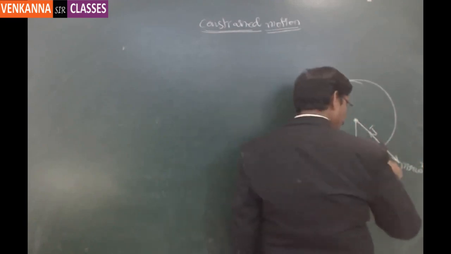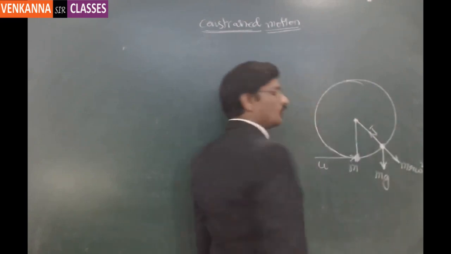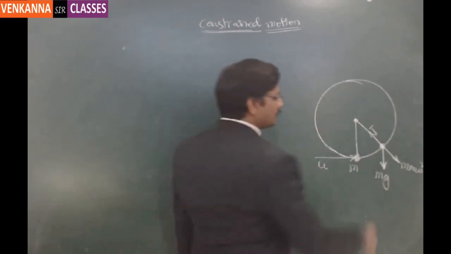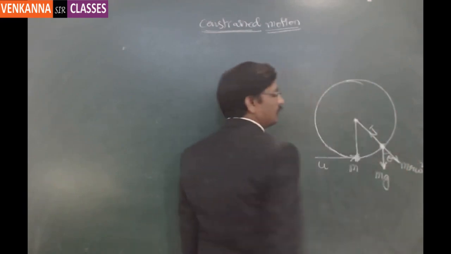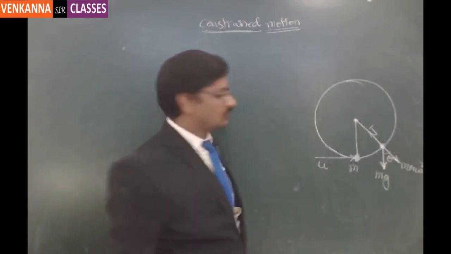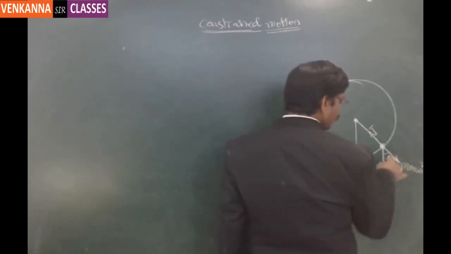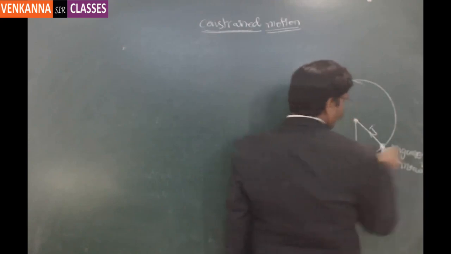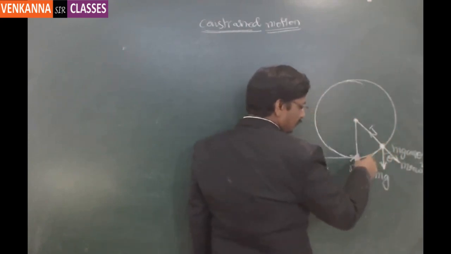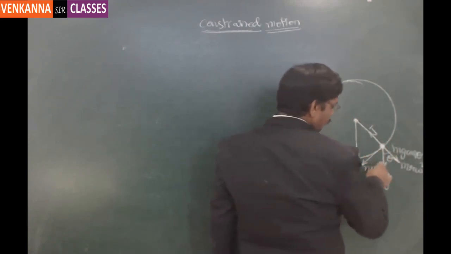Now this mg which is acting downwards, let us say it is taking an angle of theta with respect to the radial direction. Then the component of the force along this direction is mg cos theta, and the component of the force which is tangential to the path is mg sin theta.